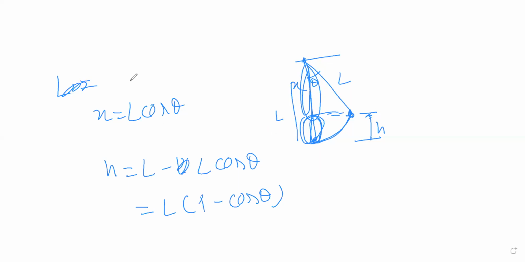Because if I draw more clearly, if you can see, just imagine this is our pendulum's ball. It's going like this, swinging like this. I just flip the picture and you can imagine this, right? This is our X, theta, and this is L. So this is also L. Why?